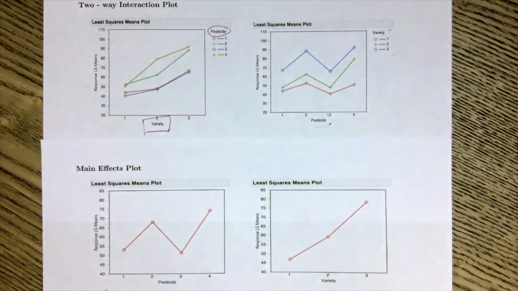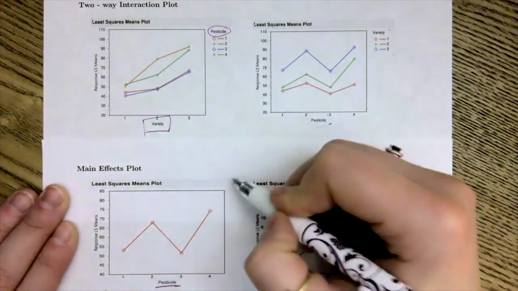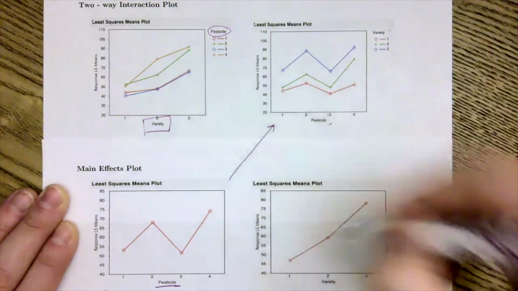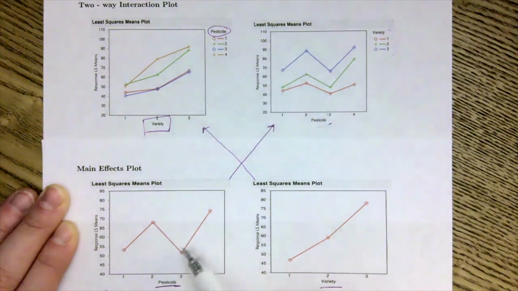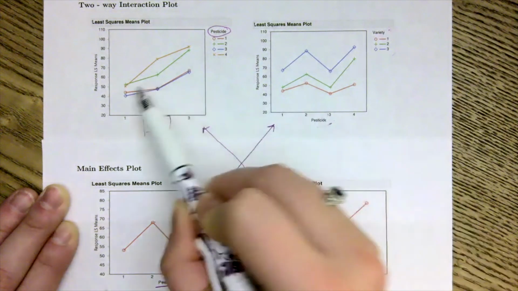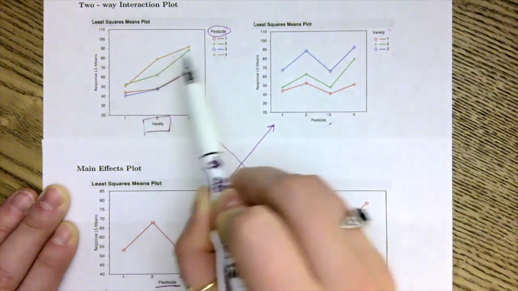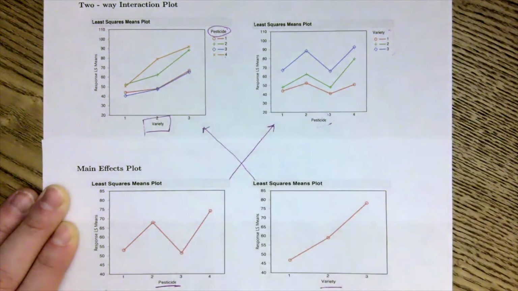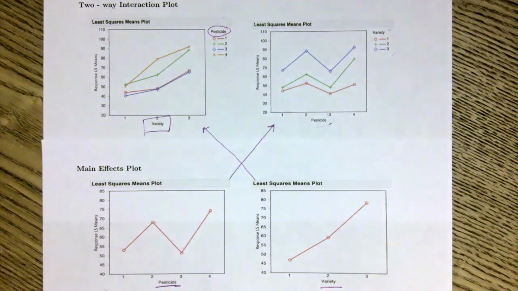Okay, how we would look at masking again is looking at our main effects. Here's pesticide is on the X here, so this would actually go with this one. This is variety, that would go with here. And I would say that this trend matches pretty well with that trend. And this trend matches pretty well with this trend. Maybe our pesticide 4 is a little bit different. But overall, these main effects match this. So my conclusion, if we're assuming that there's a significant interaction, would be that it's codirectional, but there's no masking.